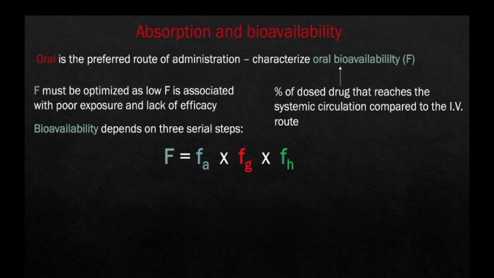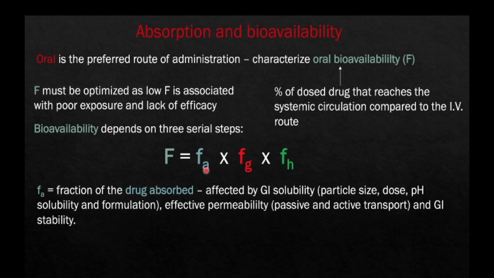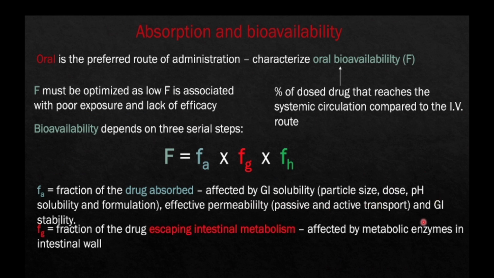Bioavailability depends on 3 serial steps. So you've got F equals FA, which is the fraction of drug absorbed, affected by the gastrointestinal solubility, so it includes the particle size, the dose, the pH, solubility, and formulation, as well as the effective permeability. This is passive and active transport, and also the gastrointestinal stability.